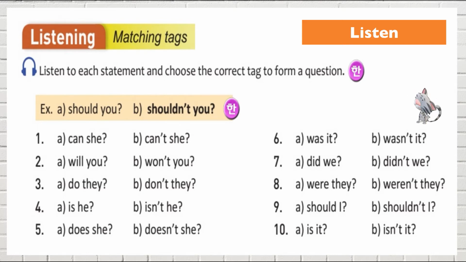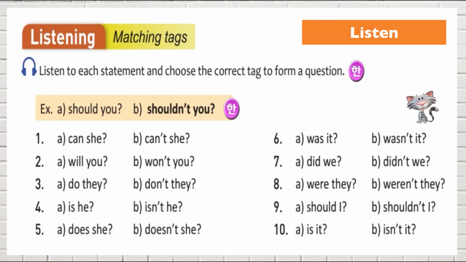Number 1, she can't attend the meeting. Can she? Number 2, you'll call me before leaving. Won't you? They don't like rock concerts. Do they? He's your brother's friend. Isn't he? She works at a coffee shop. Doesn't she?